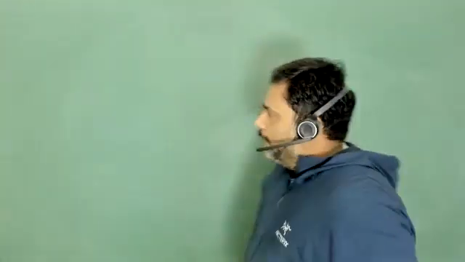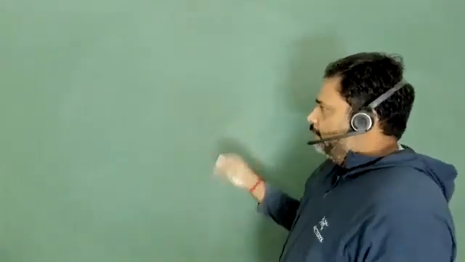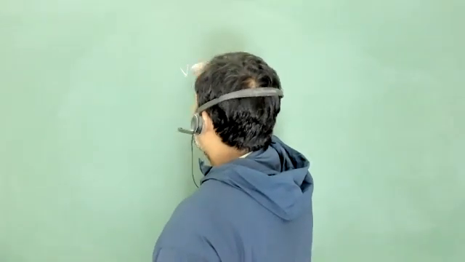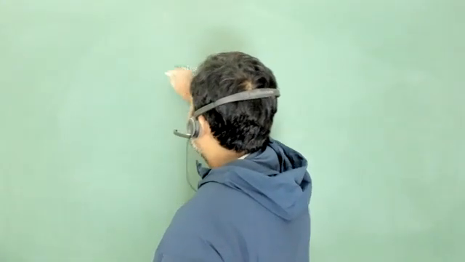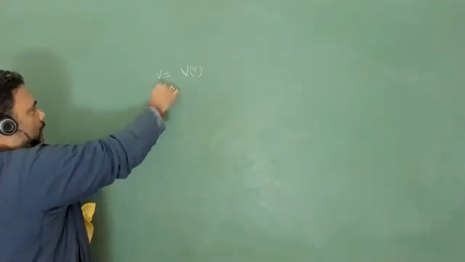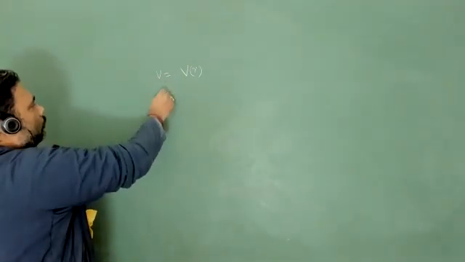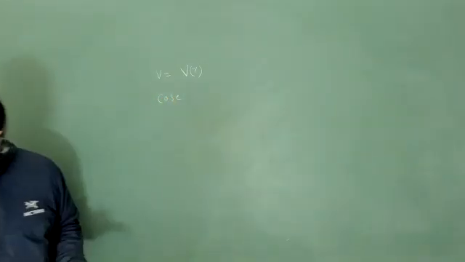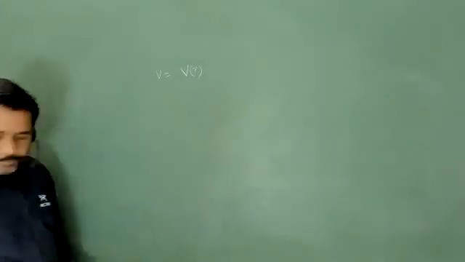Now, this is a very interesting problem, and this is a complete problem of scattering. Everything will come into the picture. Okay, so there is some potential V as a function of R. So V is given as a function of R. So this is my potential V(R), and what we have is the minimum distance or closest approach of a particle.